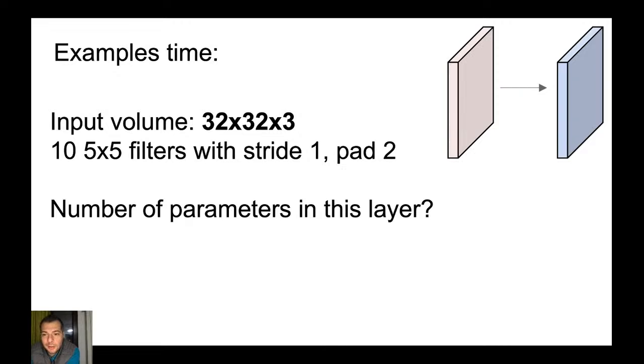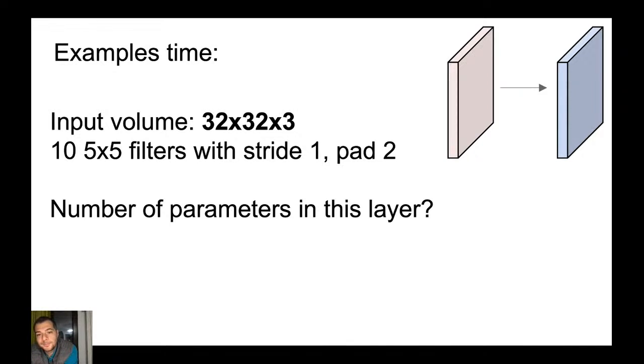Now another question is, what is the number of parameters in this layer? We'll also discuss the number of parameters in a convolutional layer and the number of parameters in a fully connected layer that would be necessary to simulate the same process.